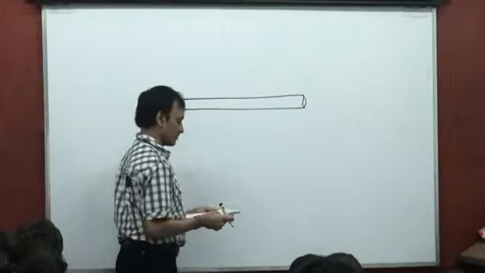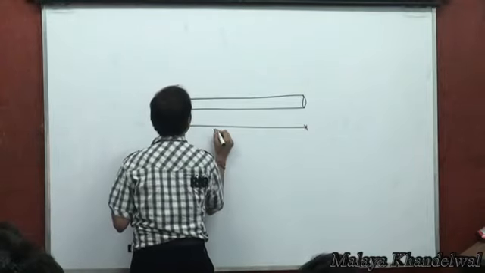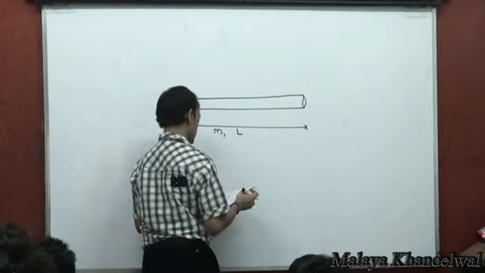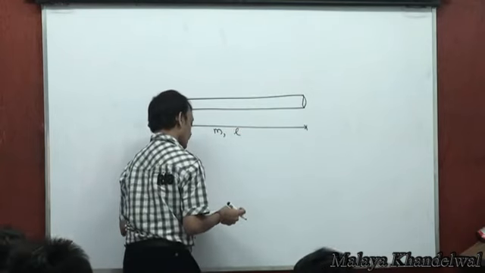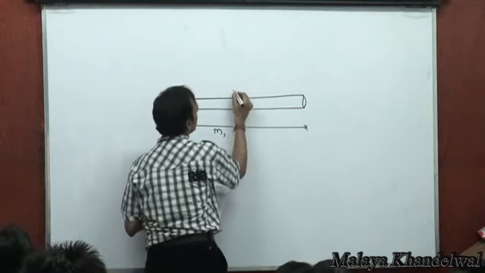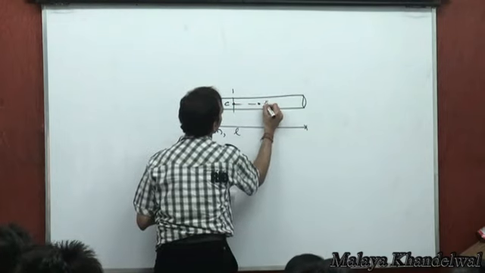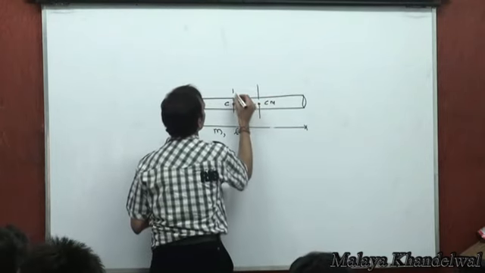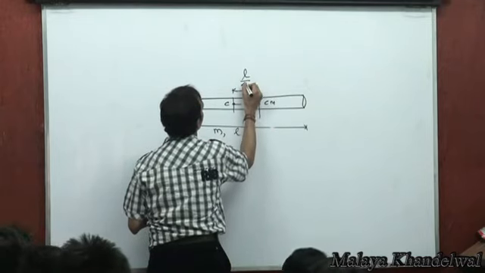Non-uniform cylinder of mass m, length L, whatever, small l, radius r, and having its center of mass at a distance L by 4 from the center. This is the geometrical center, and the center of mass is here. The separation between the geometrical center and the center of mass is L by 4.